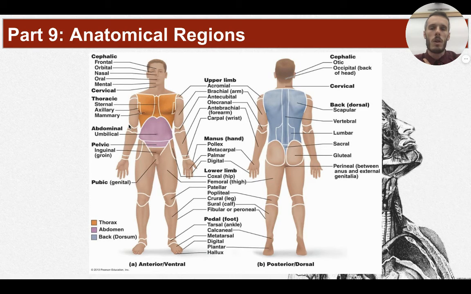Okay, so for some of these, for example, brachial, antebrachial with the arm and the forearm, femoral for the thigh, as well as cervical, these are used whether you're talking about the front or the back.